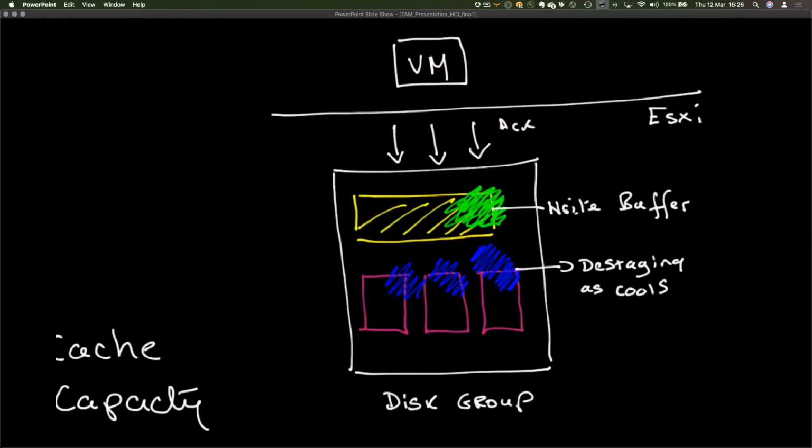So from a VM perspective, things such as outstanding IO: it's okay me drawing one VM, but if you've got 300 VMs, that VM data, which is cooling, needs to cool and be placed into the capacity tier without impacting the other VMs.